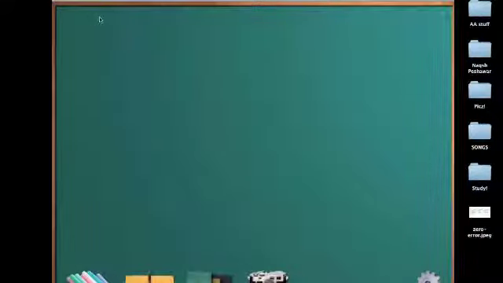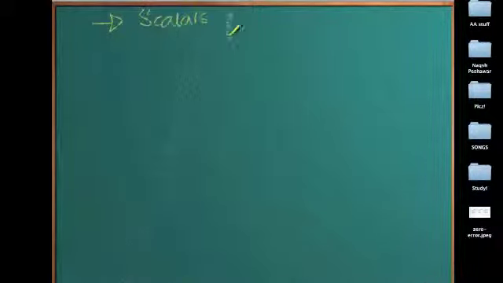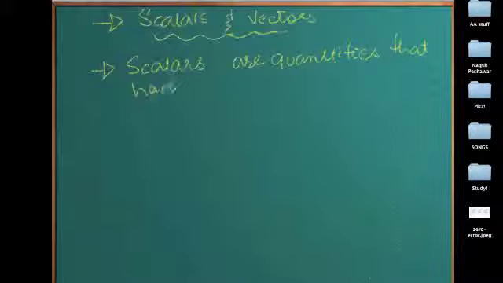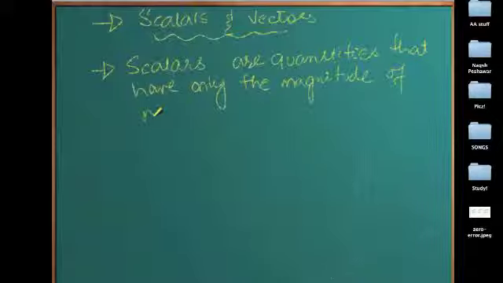First of all, let me start with telling you about scalars and vectors. You might have heard of both of these terms. Scalars are quantities that have only the magnitude of importance. For example, distance.